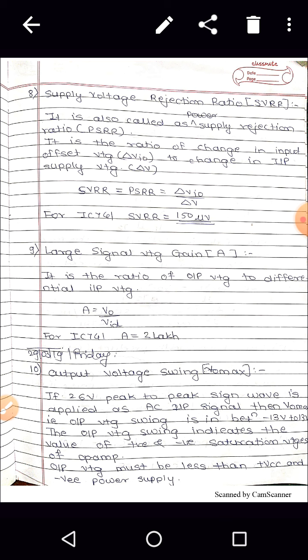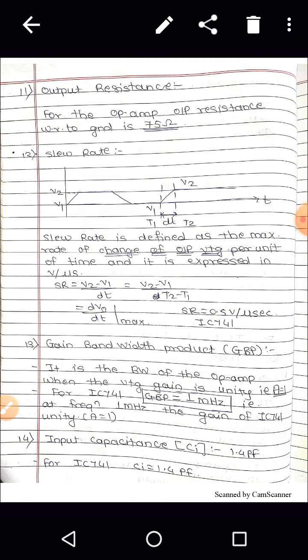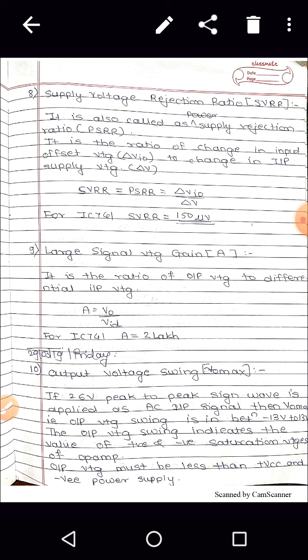The output voltage swing indicates the value of positive and negative saturation voltages of the op-amp. Output voltage must be less than the plus VCC and minus VEE power supply.